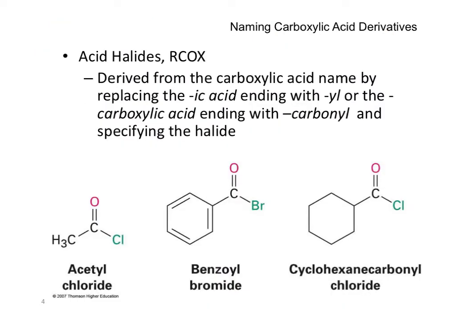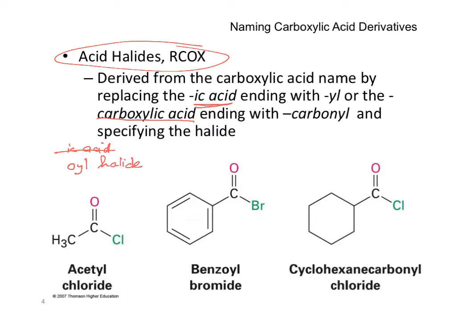Let's take a look at naming various different carboxylic acid derivatives, and the first one we'll talk about is the acid halide. This is a derivative of the carboxylic acid. So what we are going to do is drop the ic acid part of the carboxylic acid, and if it's the full word carboxylic acid, we will just drop the whole part. We will replace the ic acid by oyl halide.